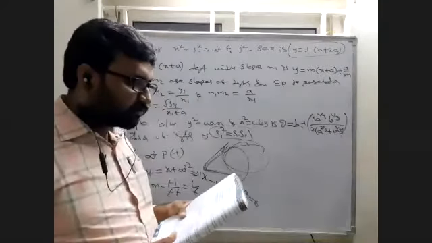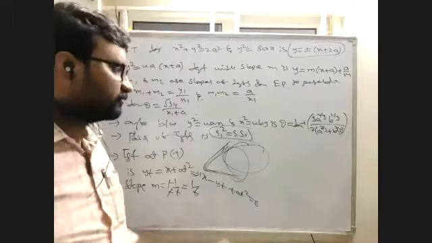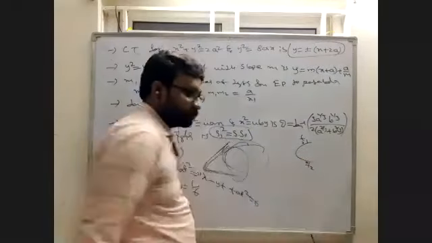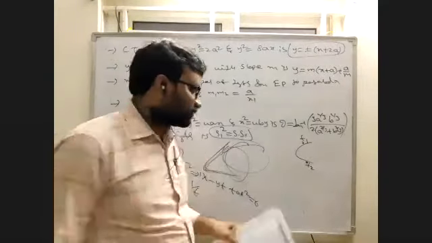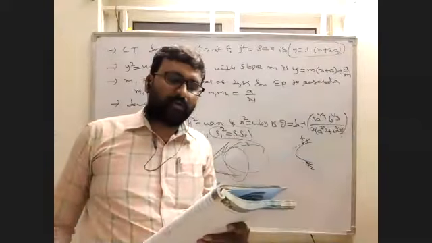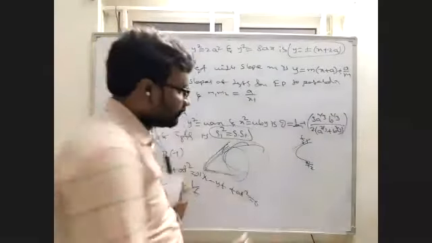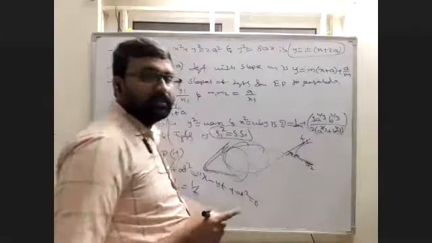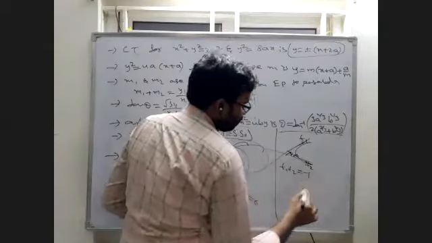And next, if two tangents at the points T1, T2 on the parabola y square equal to 4ax are perpendicular, this is the parabola, this is T1 and this is T2, this is one tangent and this is another tangent, means when the angle between these two is 90 degrees, then the condition is T1 T2 is equal to minus 1.